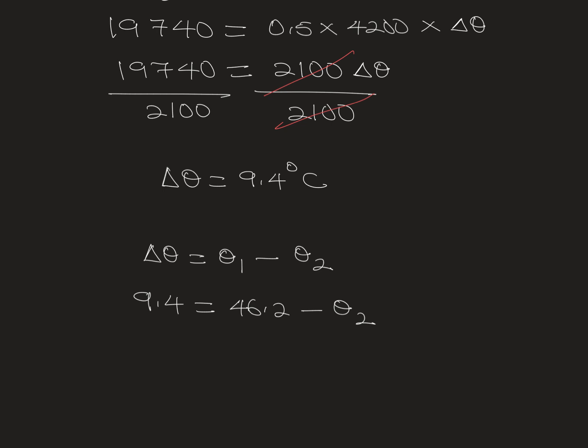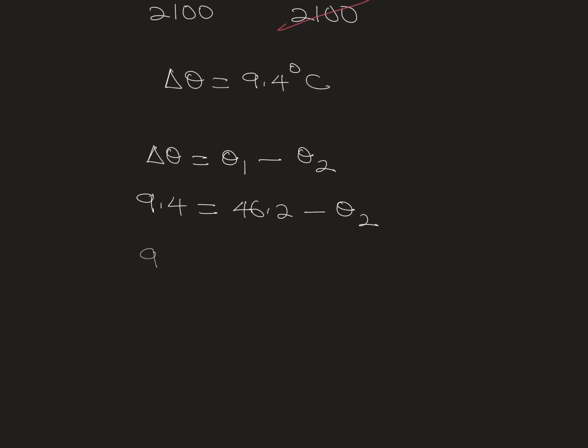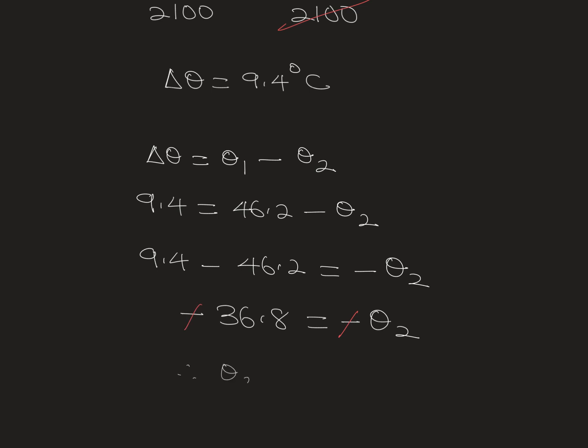So collecting like terms, we can say 9.4 minus 46.2 is equal to minus theta 2. 9.4 minus 46.2 is minus 36.8. This is equal to minus theta 2. So the negative signs will cancel out. Therefore, theta 2 is equal to 36.8 degrees Celsius.